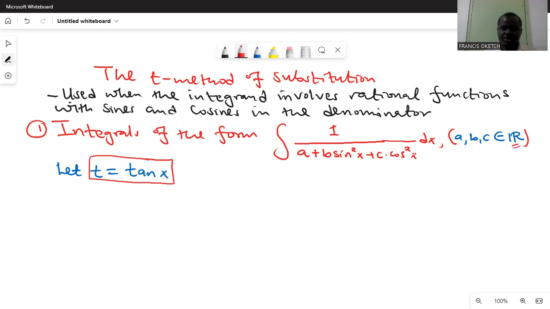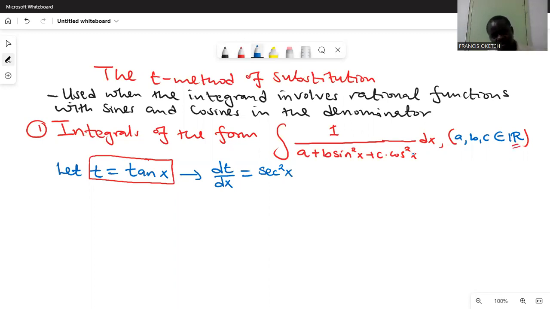What are we supposed to substitute in place of the dx? When I differentiate this one, I'm going to get dt over dx. The derivative of tan x is the same as sec squared of x. But what is sec squared x? Remember the trigonometric identity that sec squared theta is the same as 1 plus tan squared theta.